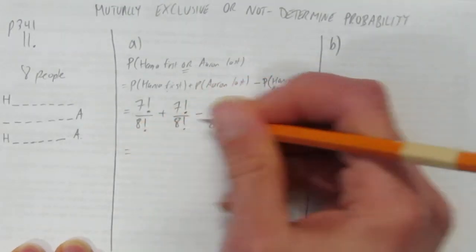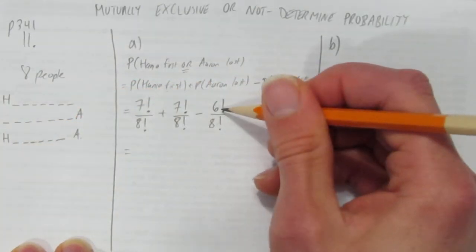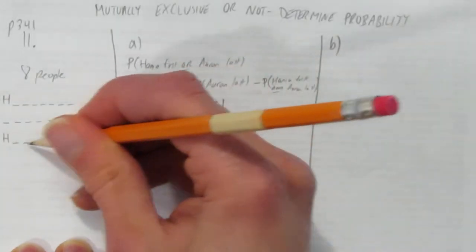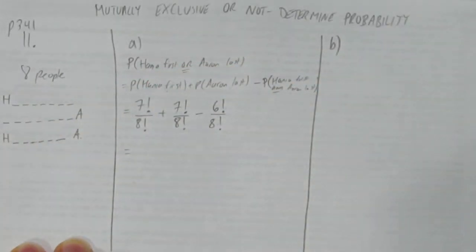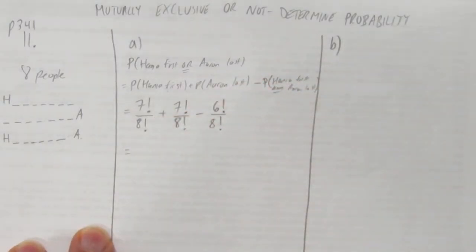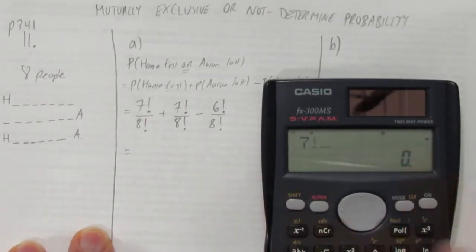Just the general way to organize everyone, no restrictions, is 8 factorial. The number of ways that they can be Hania first and Aaron last, there are 6 factorial possibilities. So when we go to put that all together, we'll get 7 factorial. You can do it in your head if you've learned what 7 factorial is, you just memorize it.